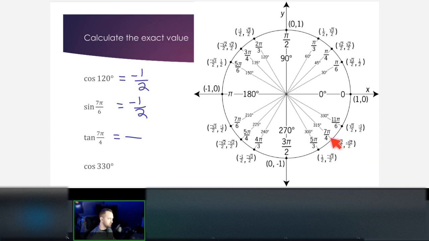And you can easily see that at 7 pi over 4, y is negative radical 2 over 2, and x is radical 2 over 2. Well, y divided by x will give us -1, because we have negative, this number divided by positive of the same number will equal -1. So there's really no work for me to even show, because you can just look at it visually and totally see that you get -1.